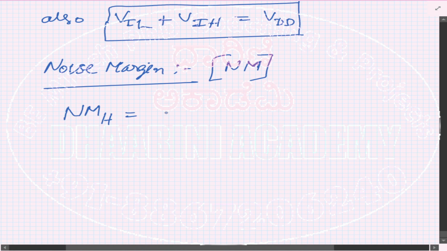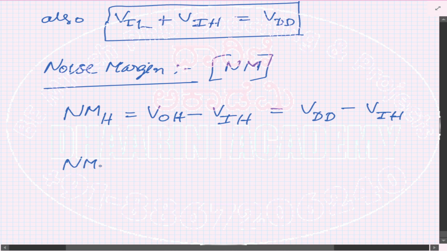Nmh is equal to, we have two equations associated with it. Either you can calculate using VOH minus VIH, which is also equal to VDD minus VIH. That is noise margin high.